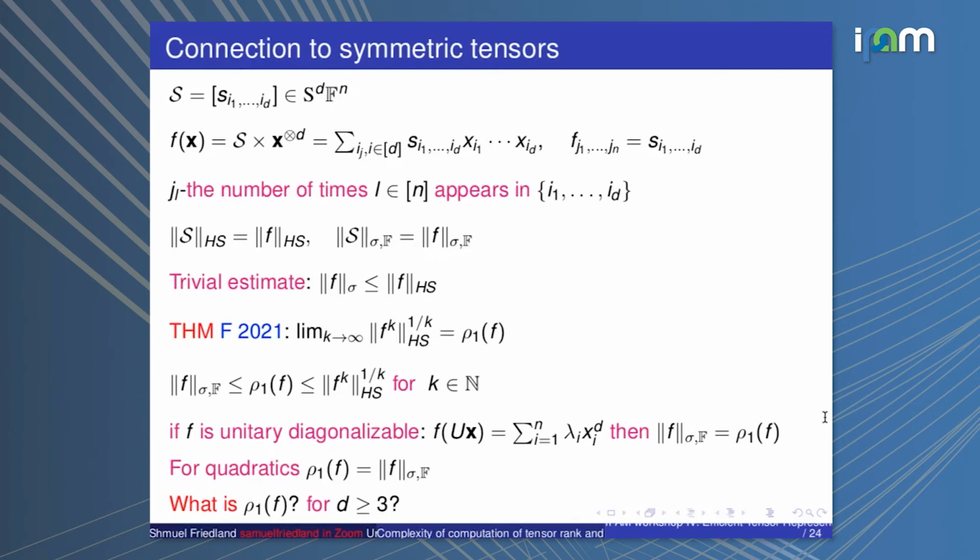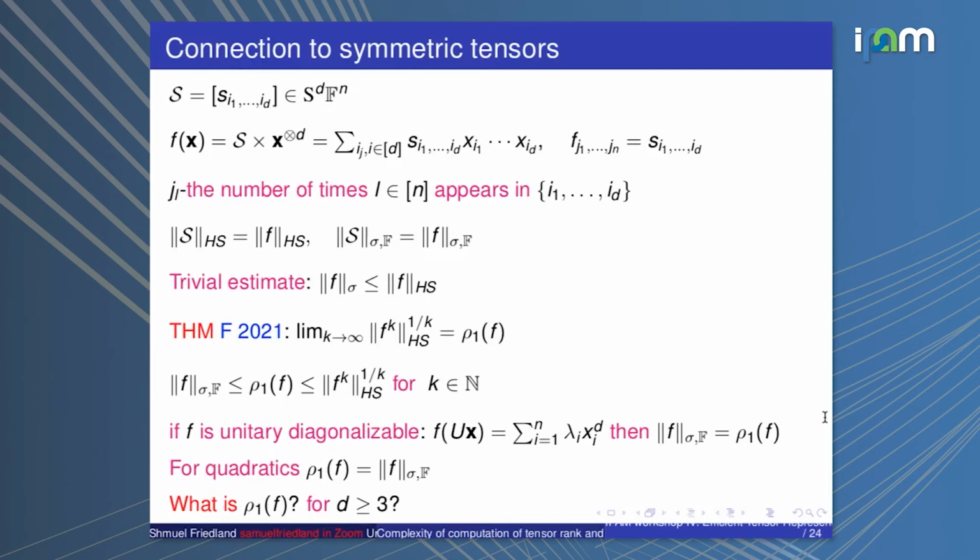Suppose I take F to the power K, just take a polynomial and multiply it K times, and then take the Hilbert-Schmidt norm of its coefficients, and take the 1 over K power. This converges to a limit because the log of that is what we call a sub-additive sequence, and this rho_1 of F is an upper bound for the spectral norm of F.